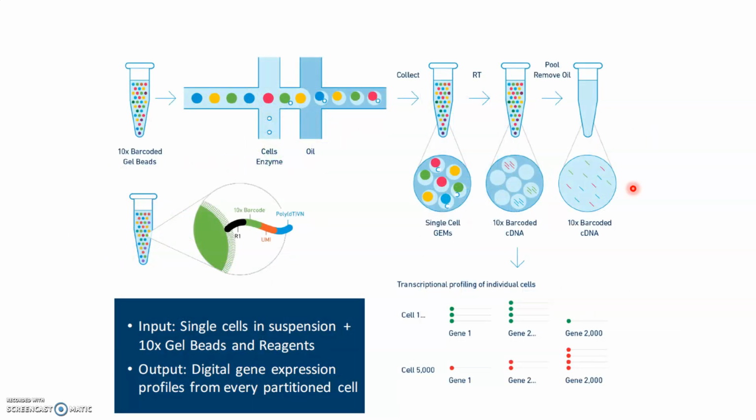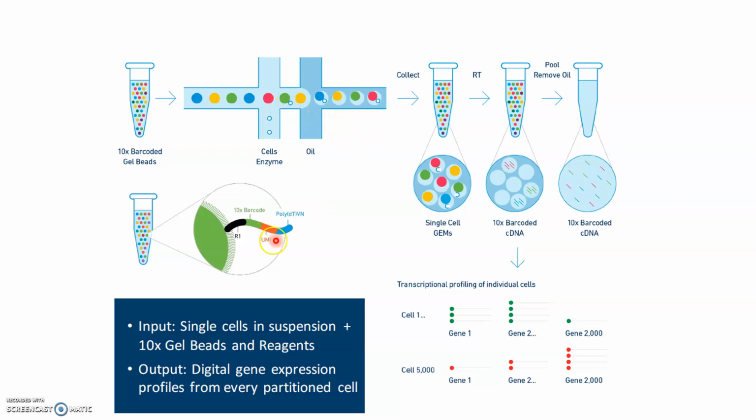We're not going to get hung up on exactly what goes on in the experimental process. Just to say that with this technology, we're able to separate single cells, which you see here as the little dot, in what are called GEMs, or gel beads in emulsion.